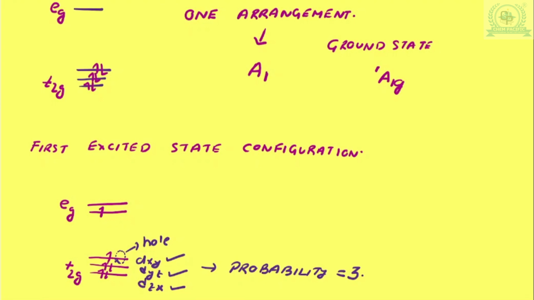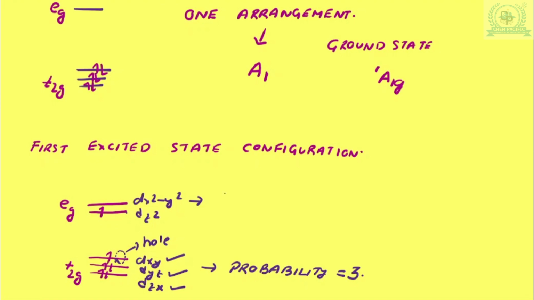Clear? Now corresponding to each assignment of the hole, the EG electron may be placed in either of the two orbitals. Here you also know they are dx square minus y square and dz square. So the electron that got excited can go either to dz square or to the other degenerate orbital, dx square minus y square. So the probability here is 2, because it can be placed in either of the two EG d orbitals.